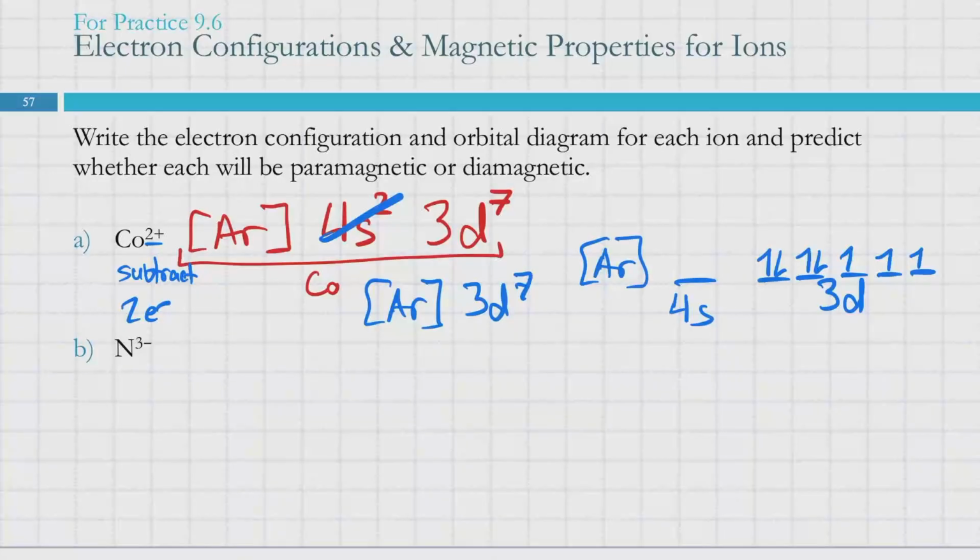Are they all paired electrons, or do we have some unpaired electrons? We have some unpaired electrons. Is that paramagnetic or diamagnetic? It is paramagnetic. So we would expect it to be attracted to a magnetic field.